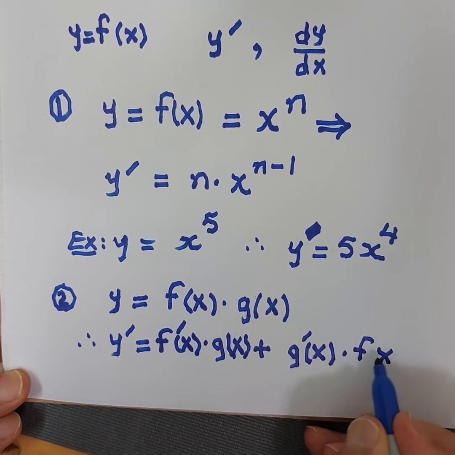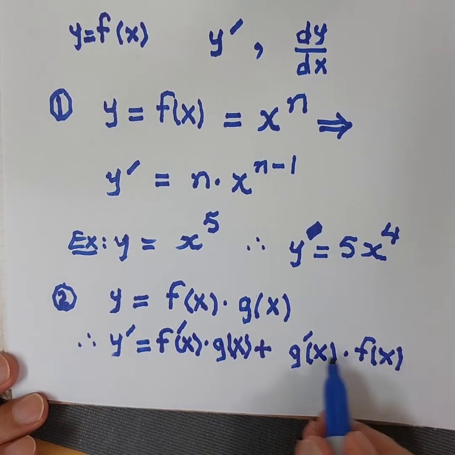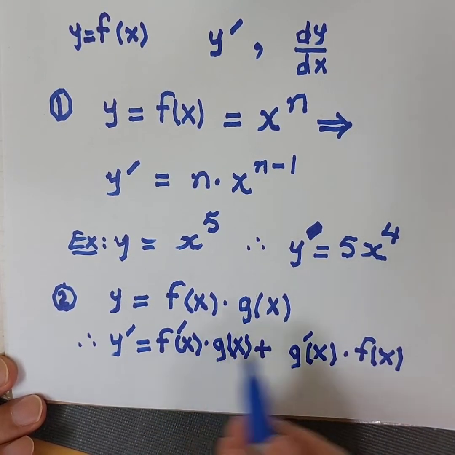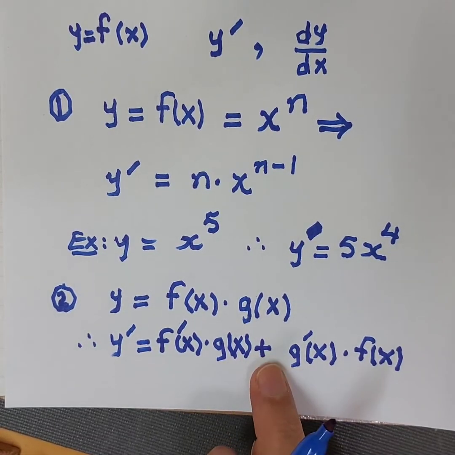If we write it this way, that's fine. If we need to write this in the beginning here and this in the end, that's fine, because of the addition. Addition is commutative.